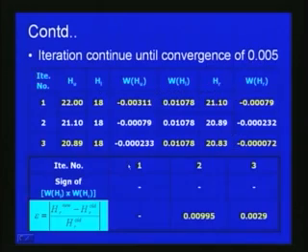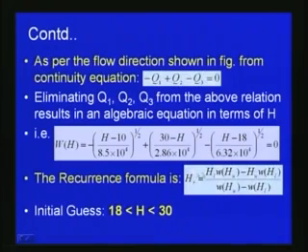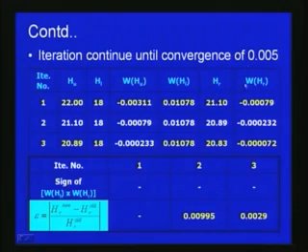We will use the recurrence formula given here. In this table, the first column is the iteration number 1, 2, 3, then the upper head value HU and lower head value HL, and then W(HU), the W function given by this equation for the upper value, and W(HL) corresponding to the lower value. Then we get the corresponding HR from this equation, and corresponding to that W(HR), the residue.